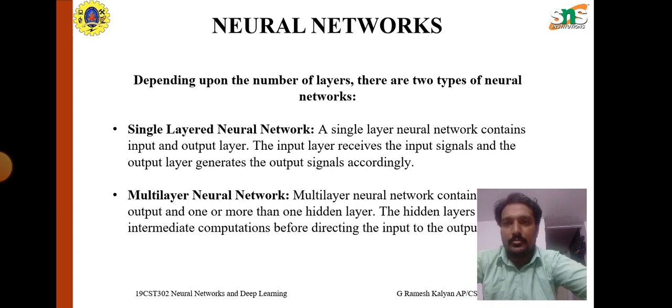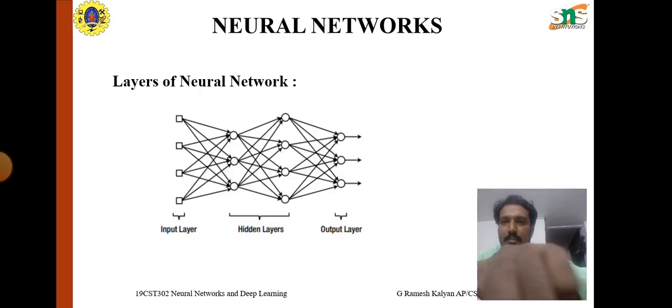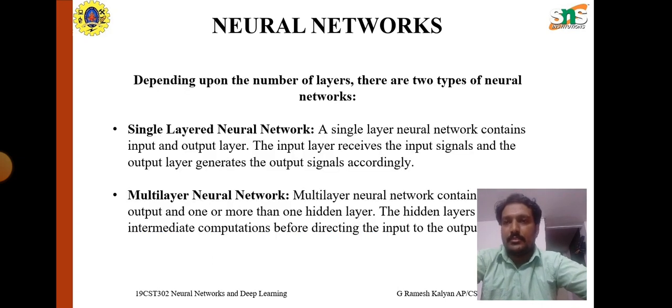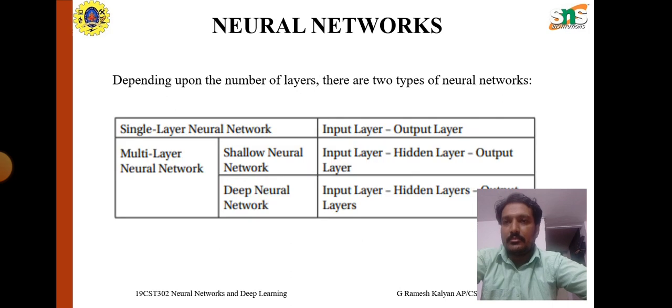The input layer receives input signals, and the output layer generates the output signals accordingly. The multi-layer neural network contains one input layer, one output layer, and one or more hidden layers. As we saw previously in the diagram, there could be multiple hidden layers. This is known as a multi-layer neural network.